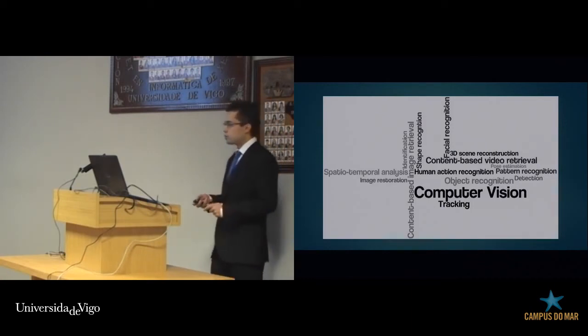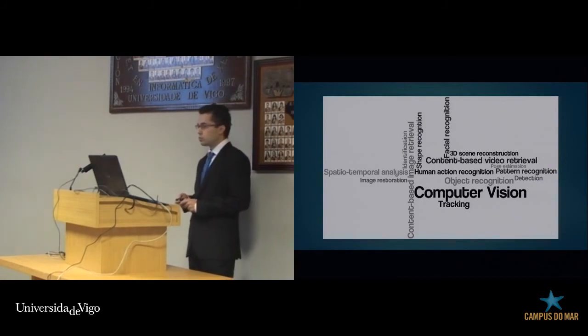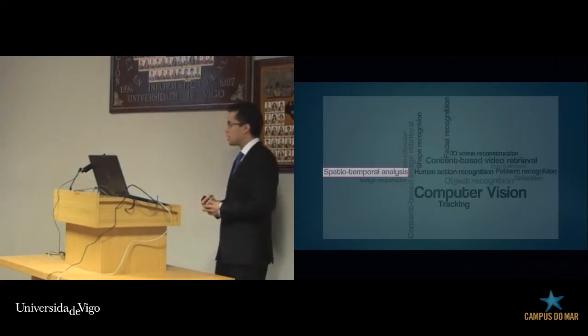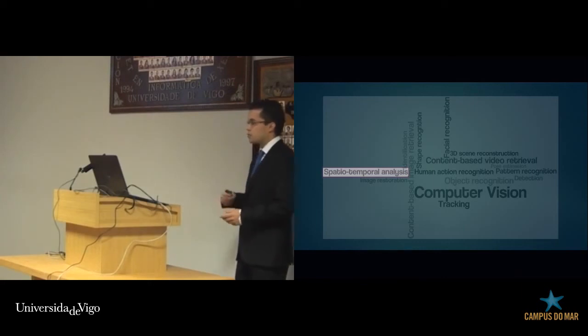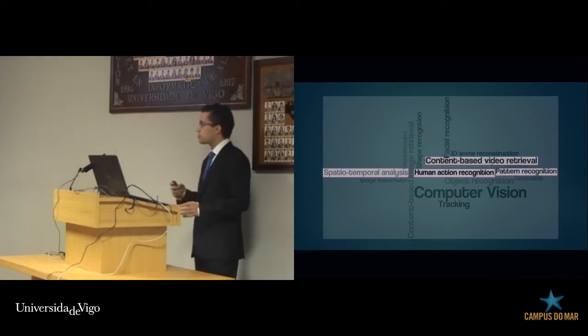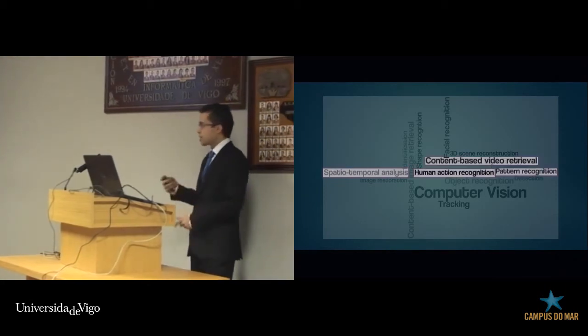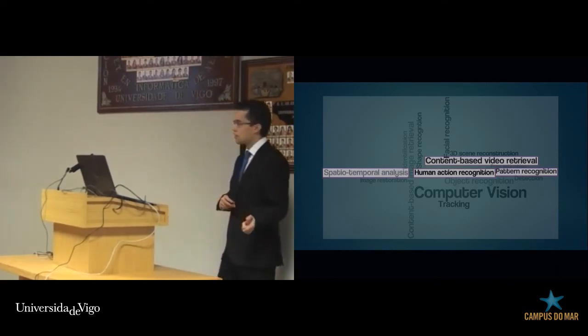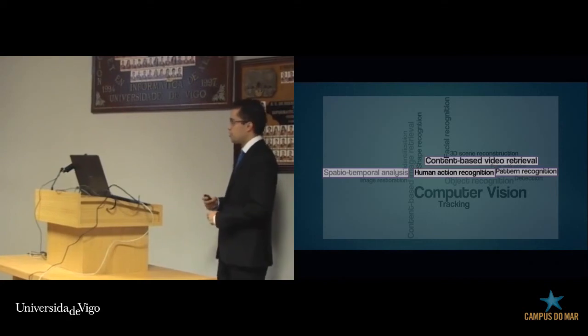But we are going to work in only one small area that is a hard problem, that is spatio-temporal analysis. This is the important thing in my thesis. It includes different tasks, like content-based video retrieval, human action recognition, of course, and pattern recognition in the other part of my thesis.